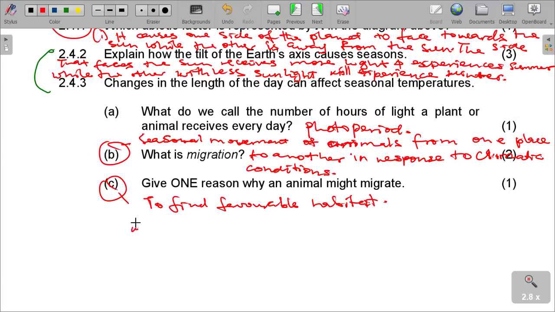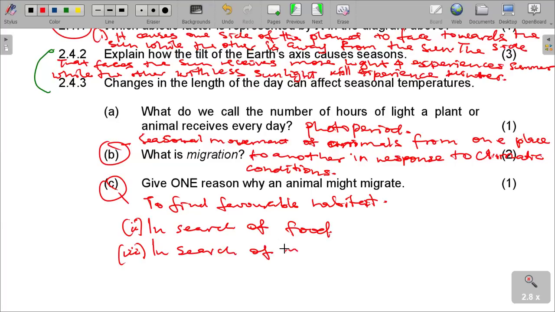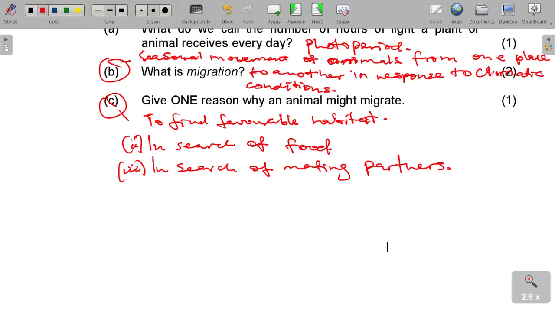They can also move in search of food. Animals can also migrate in search of mating partners. Animals can move in order to find their mates. This can be defined as courtship.